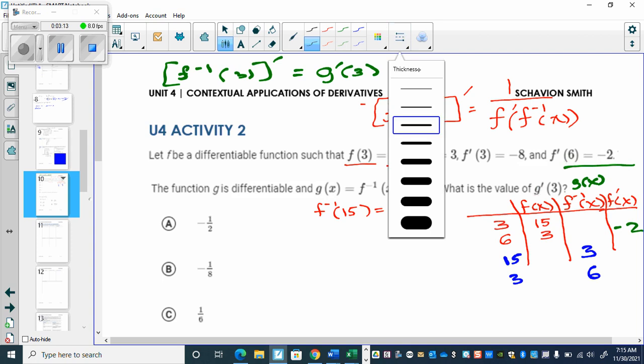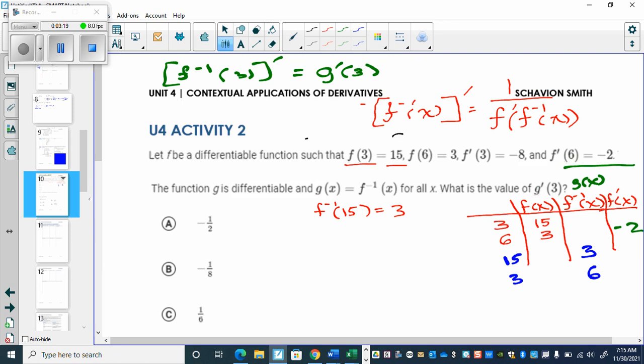So I'm going to go and write this out. I'm looking for, right here, this happens to be g prime of x. So I'm looking for g prime of 3. It equals 1 over, and this inverse equals g of x, of f prime of g of 3.